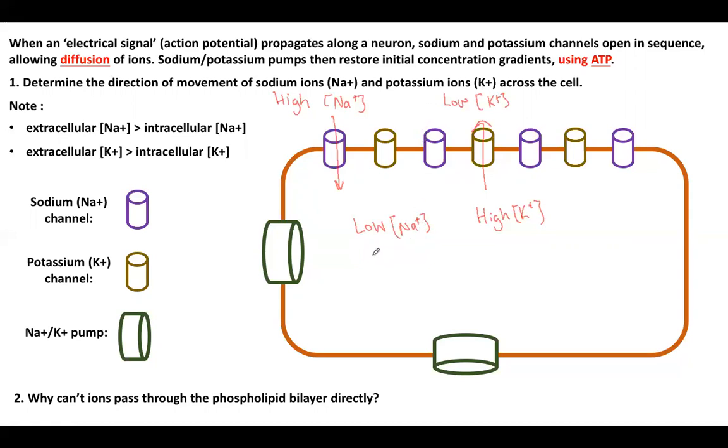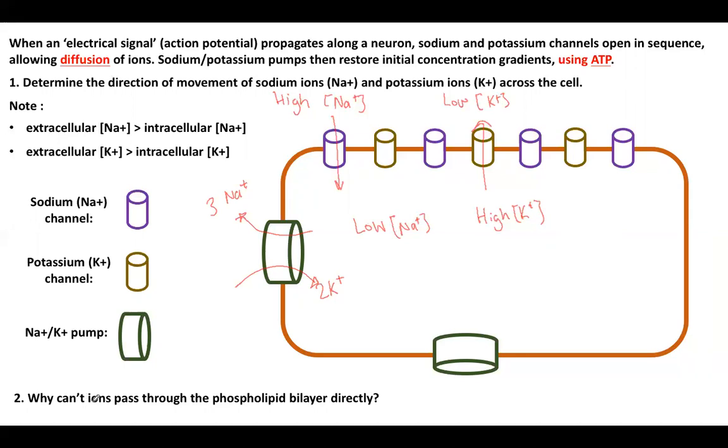In order to correct this, protein pumps can be used to actively pump out sodium and actively pump in potassium. This would restore the high concentration of sodium outside the cell and high concentration of potassium inside the cell.